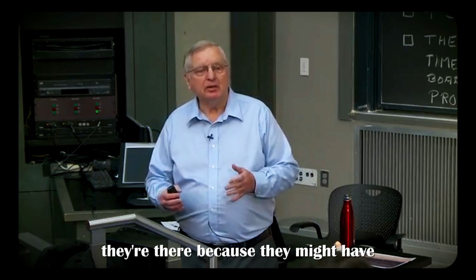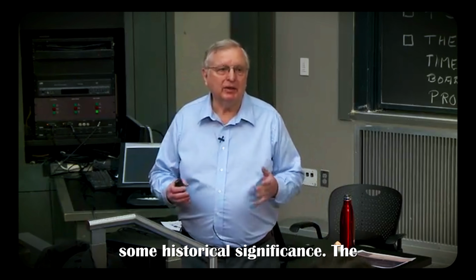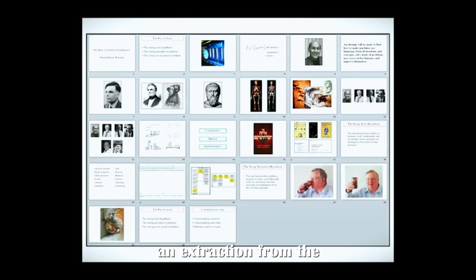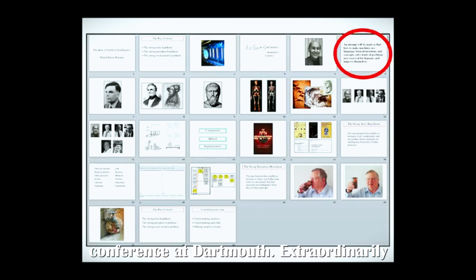And they're there because they might have some historical significance. The first slide with a lot of text on it is an extraction from the proposal for the 1957 AI conference at Dartmouth. Extraordinarily interesting event, and that historical extraction from the proposal helps drive that point home.